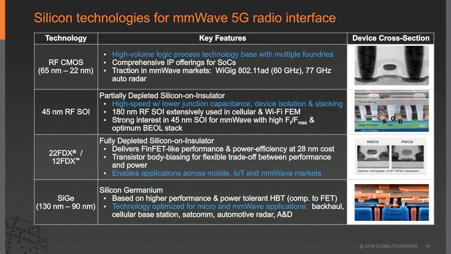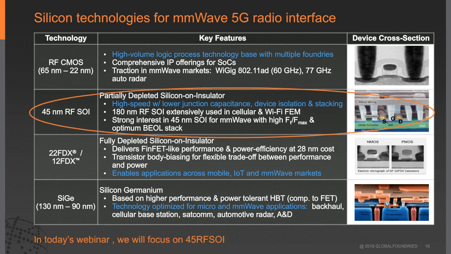You have 45 nanometer RF SOI. This is the technology that I'm going to focus on in this webinar, and I'm going to go into detail on this particular technology. You have 22 FDX, 12 FDX, and you have silicon germanium. All of these technologies have their own strengths, but for the purpose of this webinar, we're going to focus on 45 RF SOI technology.